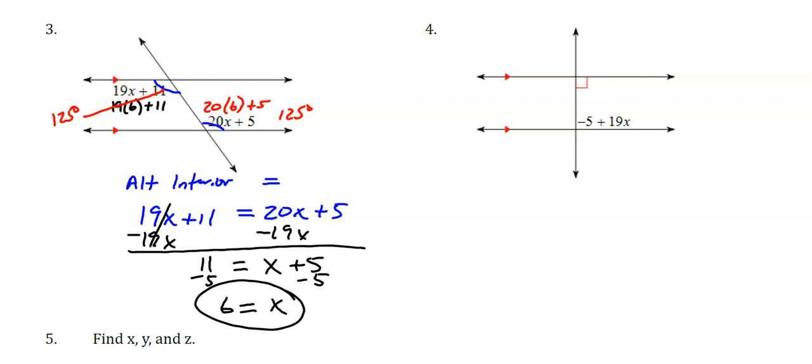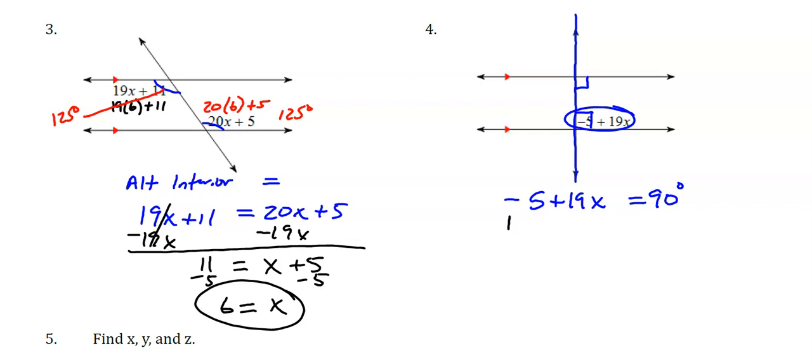All right, next problem, number 4. I see this 90-degree mark. So if this transversal is 90 degrees to one of the two parallel lines, it has to be 90 degrees to the other. So basically, I know that this expression here, negative 5 plus 19x, has to come out to be 90 degrees. So I'm going to start solving for it.